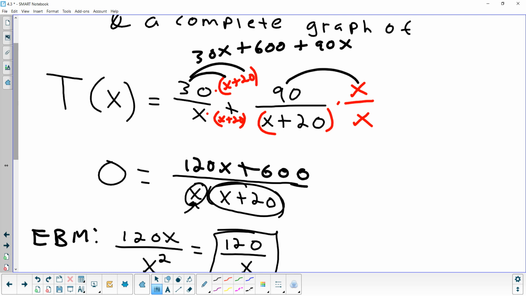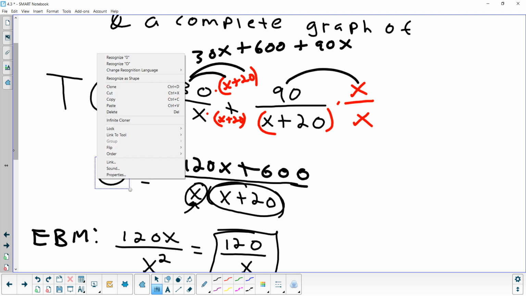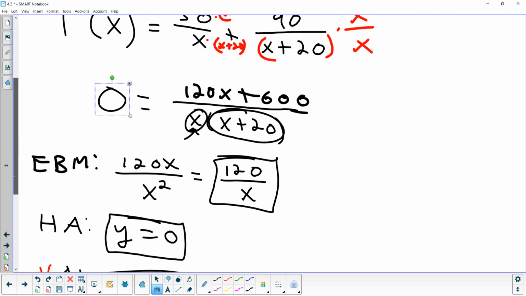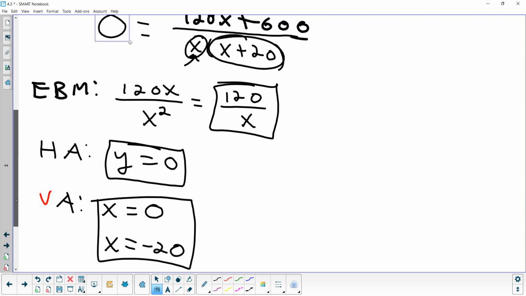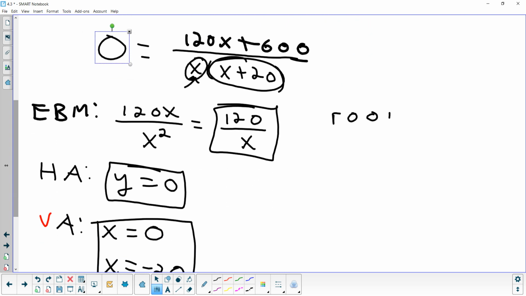So in order to figure out what you would plug in for x to make this come out to 0, set the top equal to 0 and solve. So that's going to give me 0 equals 120x plus 600. We could just minus the 600 to the other side.